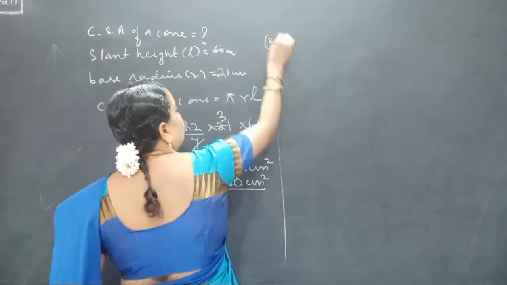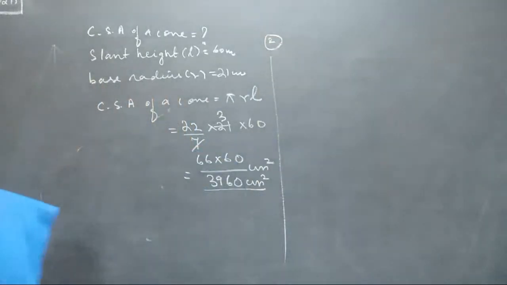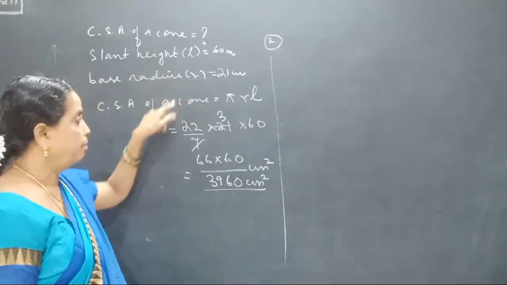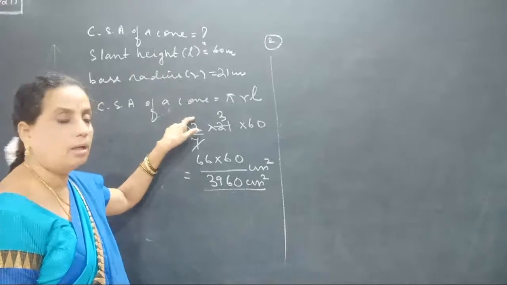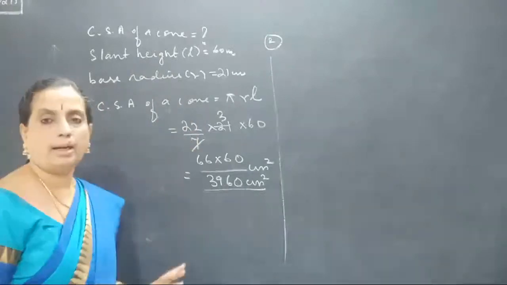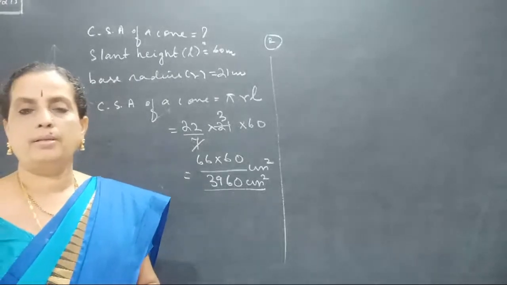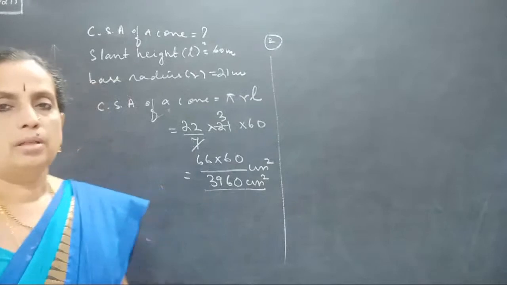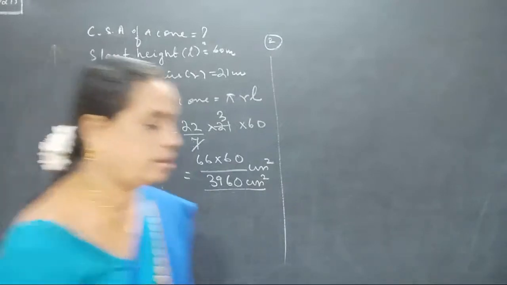Question number 2 is clear to everybody? Knowing what is required and writing what is given in the beginning, mentioning the suitable formula and substituting relevant values, you can get the correct answer. Shall I proceed to the next question then?